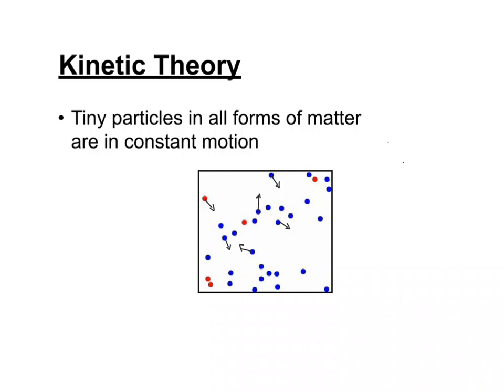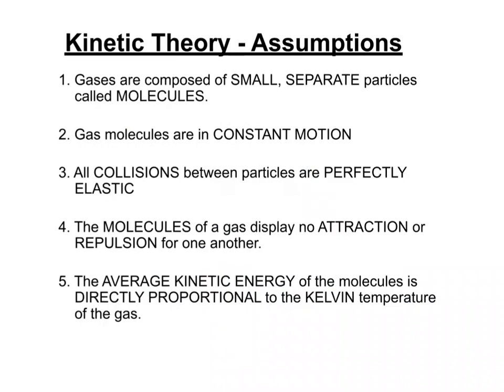And since they are continuously moving, they are continuously hitting the edge of the container. They're continuously hitting each other, but nonetheless, they are always in constant motion. So the kinetic theory has five basic postulates or principles to base off of.